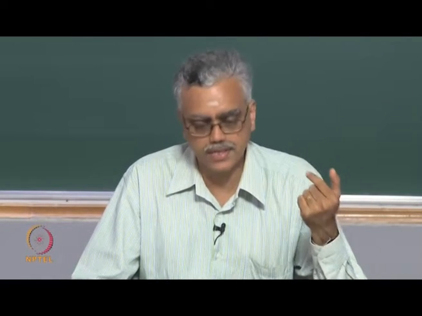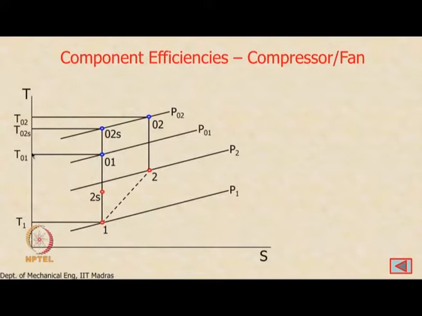So, what we are going to say is, if the stagnation pressure changes from P01 to P02 in an isentropic process, what would the stagnation temperature have been? That is what we are going to see. As I said earlier, the compressor pressure ratio is P02 over P01, that will be 20, 30 or 40, and so you can see that this is the stagnation state that we are looking for.